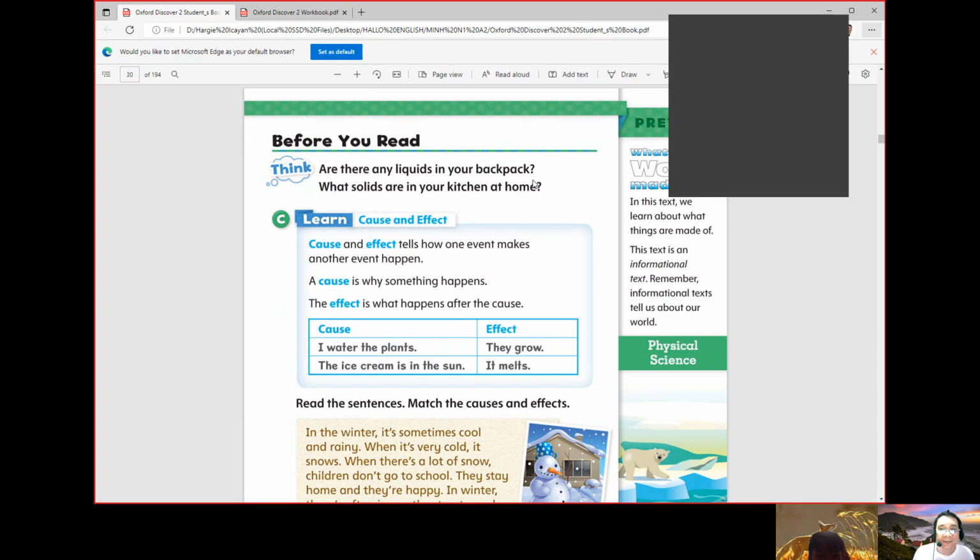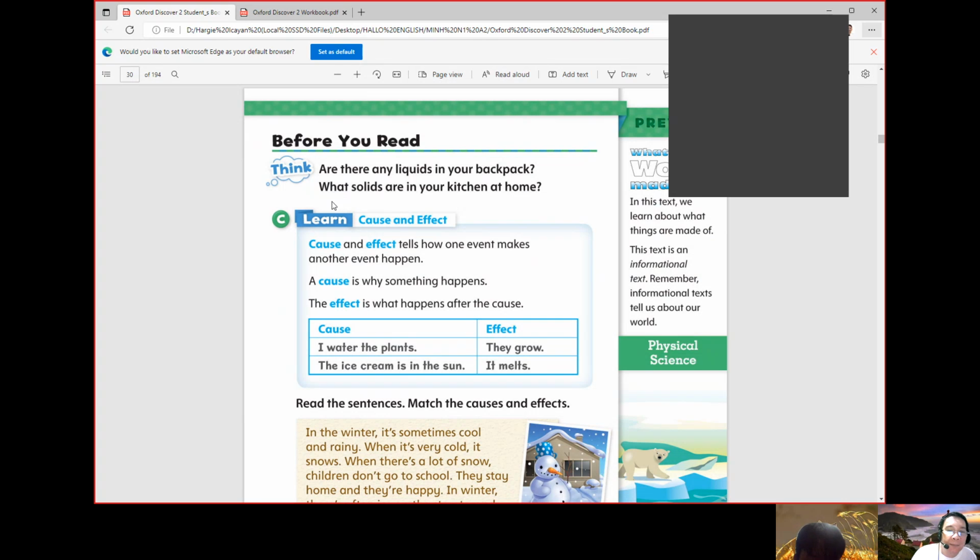Is liquid in the bottom of my backpack. Yeah, actually, we have to put that inside a bottle, and then that's the time that we can put that in our backpack. But if it's just water, we cannot put that in our backpack, right?